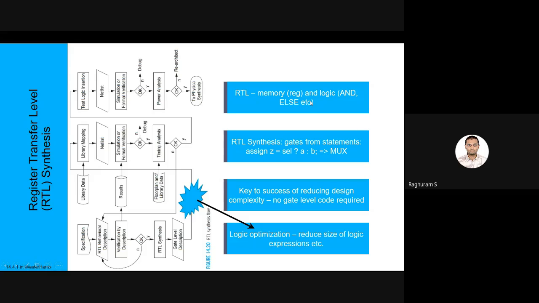And the advantage of this RTL synthesis, which you see here, is that you can go from a statement like this, which is allowed in Verilog. We won't go into the steps of RTL synthesis now. But if you write something like this, it knows that it's a mux.